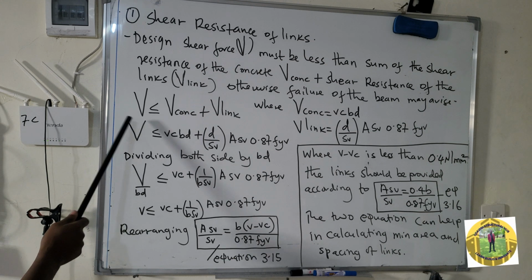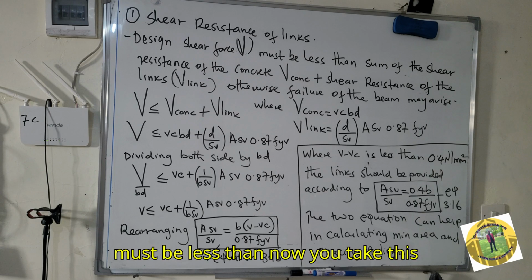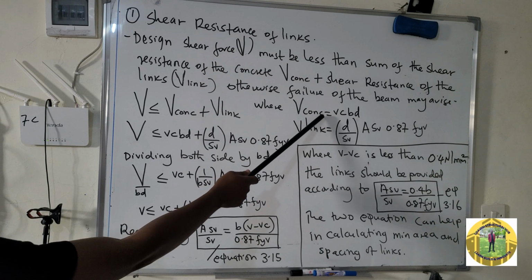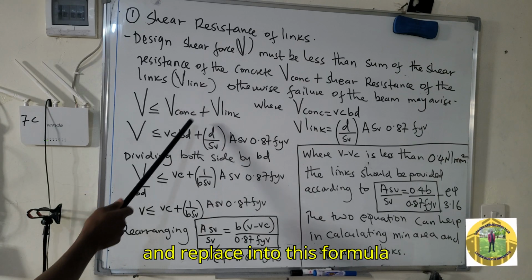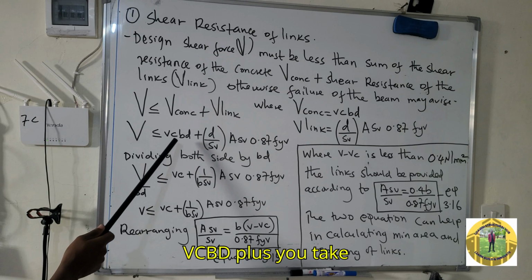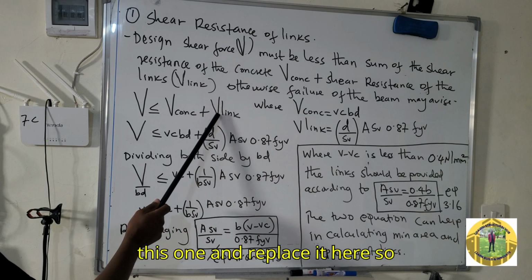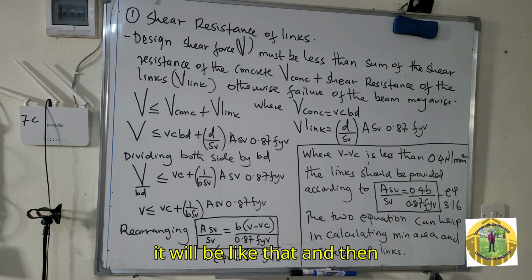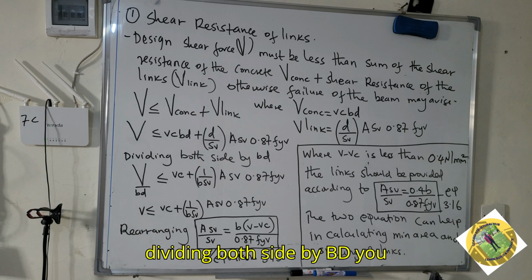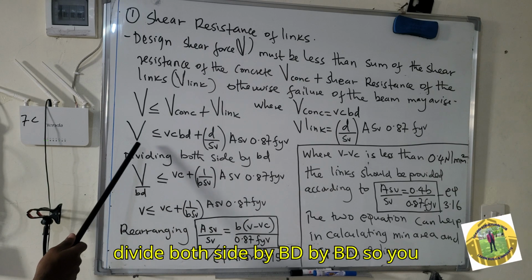So capital V, which is the design shear force, must be less than this. Now you take this and replace V concrete and V link into this formula. So vcbd plus this one, you replace it here. Then divide both sides by bd.